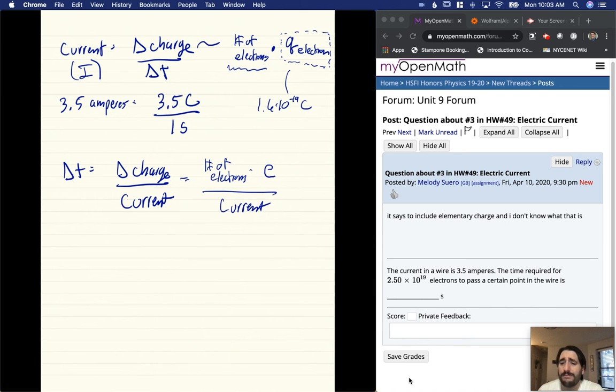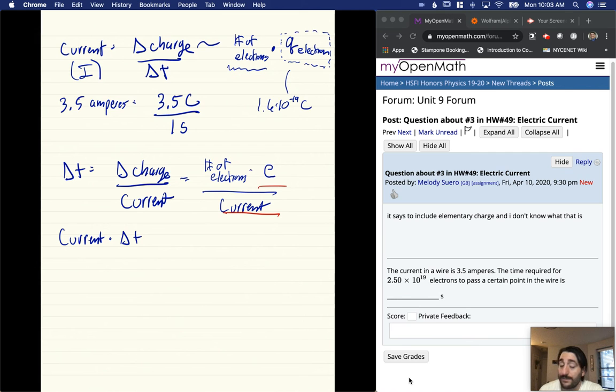And I'm going to do a little bit more algebra. I want to move current and e to the other side. So I'm going to get the current multiplied by the amount of time.